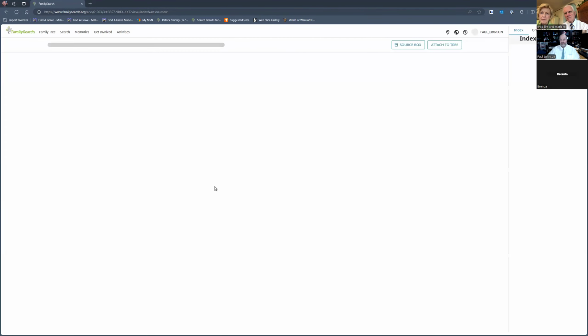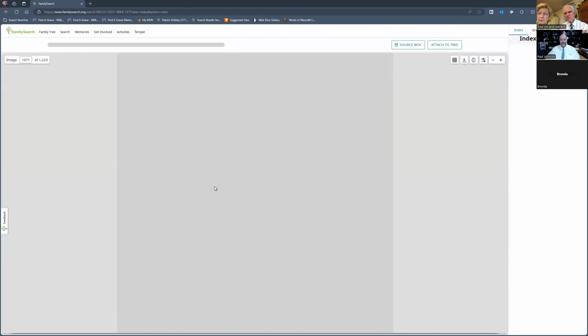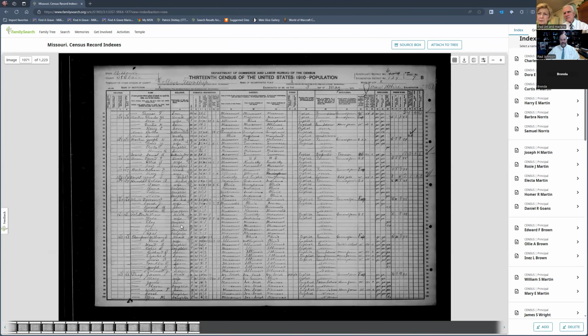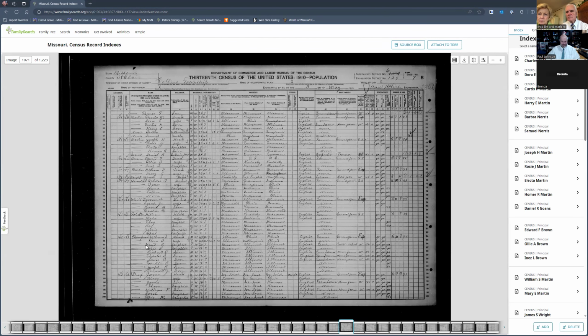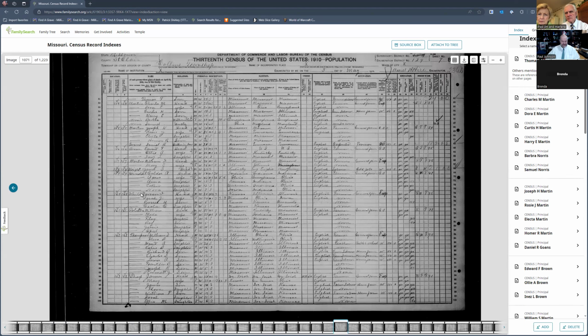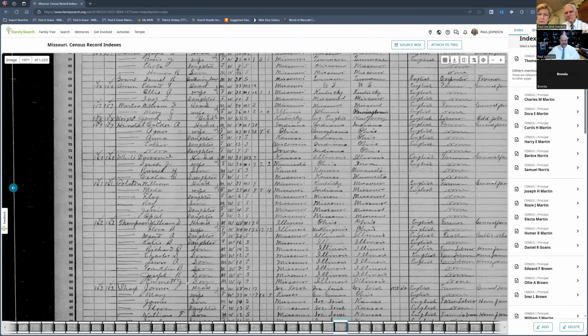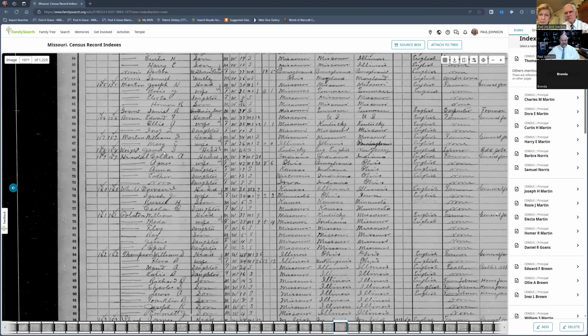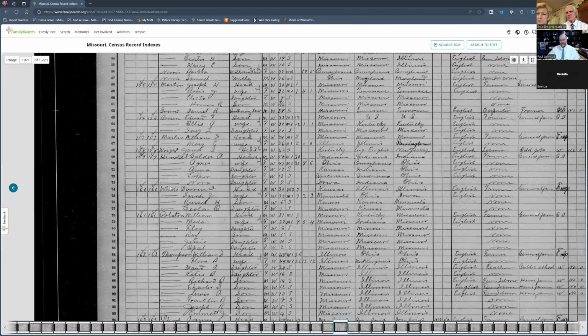I love Family Search. So that's the page before, and you can see there's a Joseph Martin and a William Martin, who are also related to my great grandfather. So you can find relatives quite easily searching around the census like that.